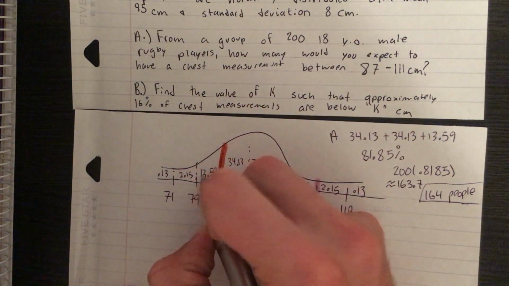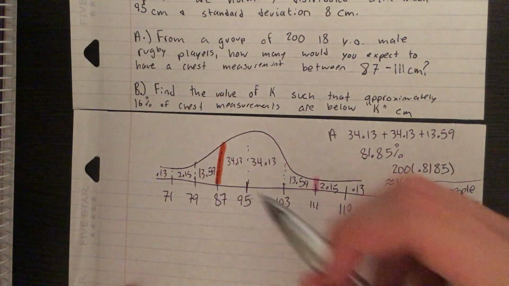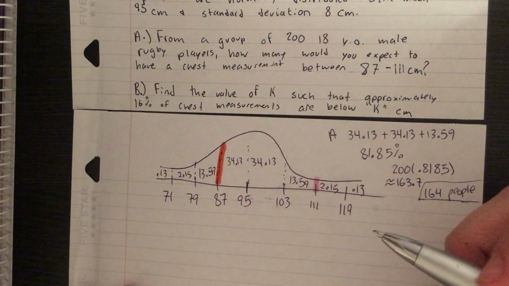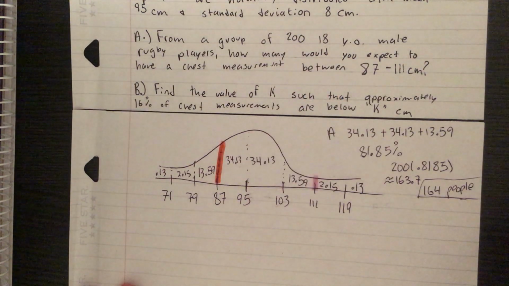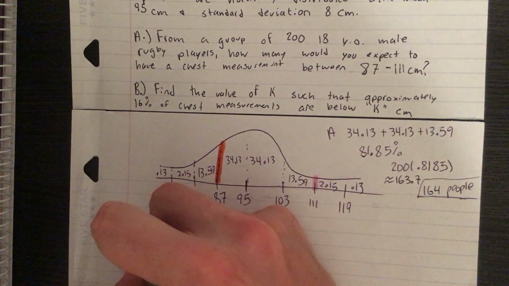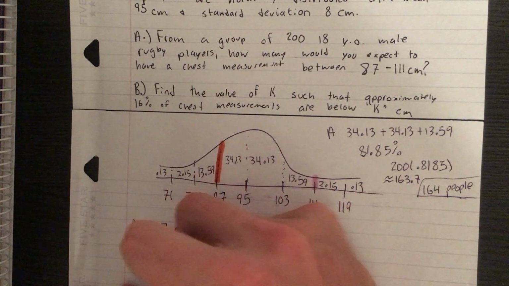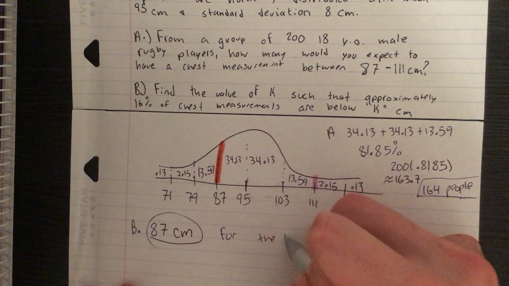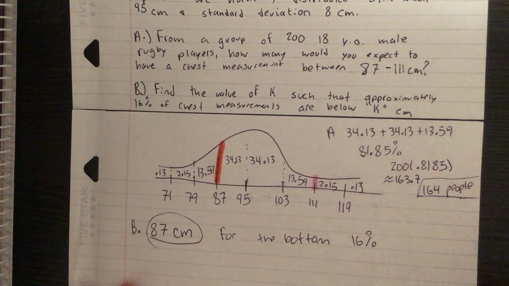If you add up these percentages, you end up just a bit shy of 16, but this mark right here gives you the data point, which is just going to be 87 centimeters. We'll say that's the bottom 16%, or the 16th percentile.